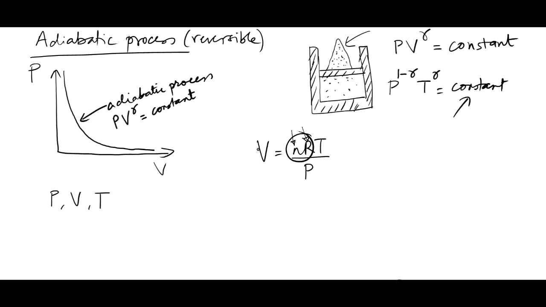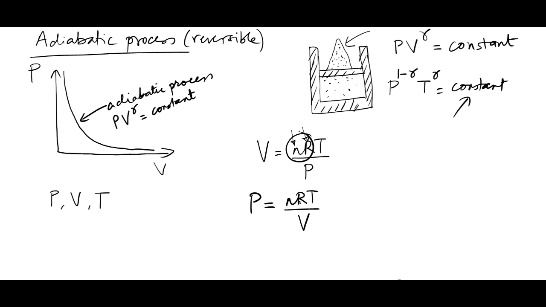And likewise, you can write an equation linking volume and temperature by eliminating pressure, of course using the ideal gas equation in the form pressure equals nRT divided by volume.